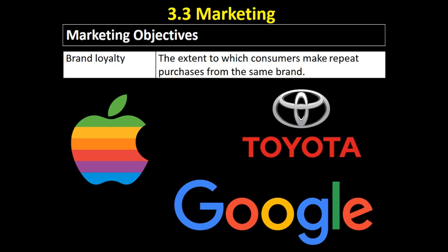Huge brand loyalty there. In other markets, people may be more fickle in terms of where they choose to spend their money. For example, in the supermarket industry, some people are very loyal to a shop, say Tesco's or Sainsbury's. They'll keep going back there. But some people will just use the nearest, most convenient store.